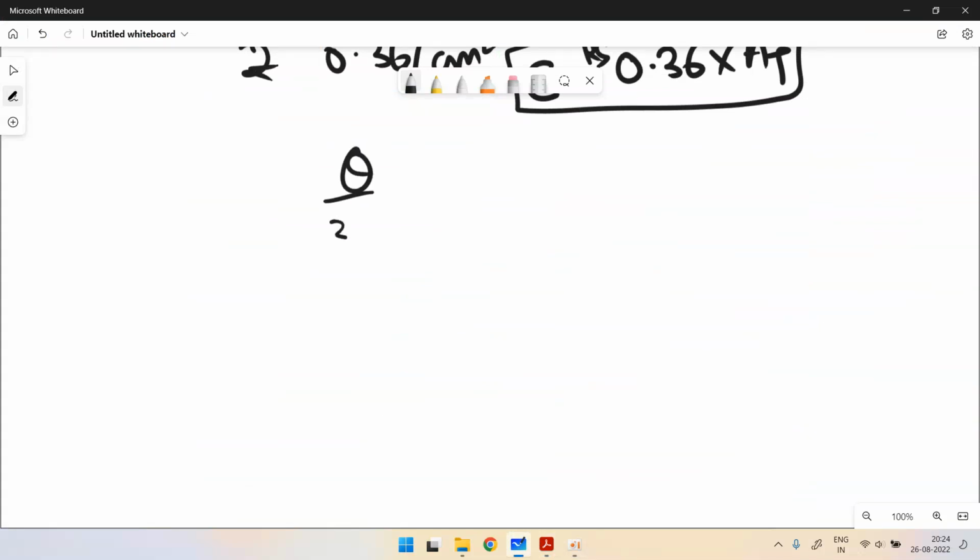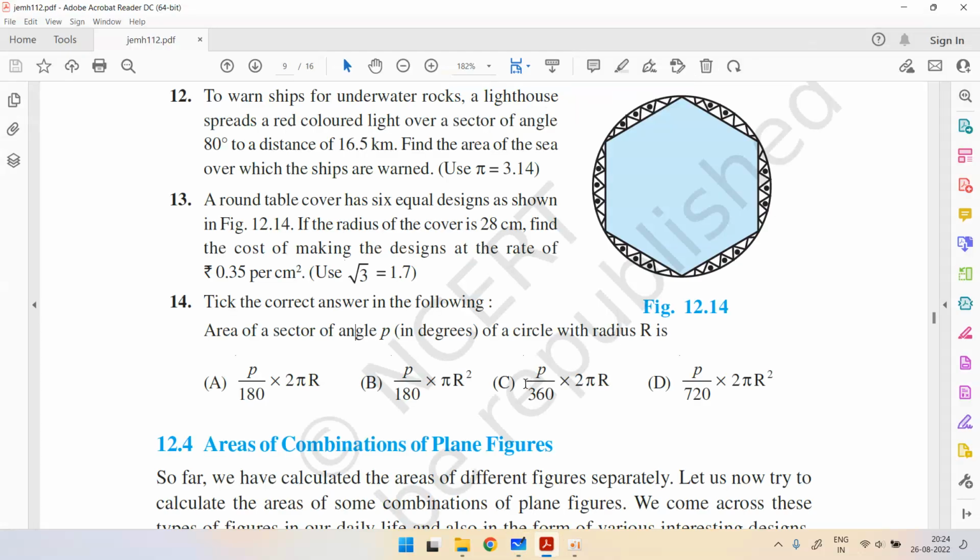In place of theta, he has given angle as P. So the answer will be P by 360 into pi r square.